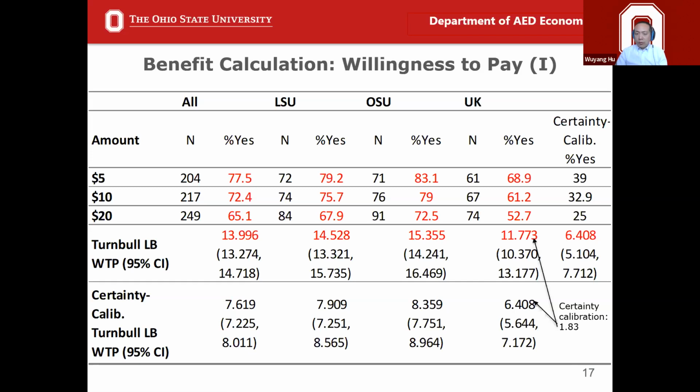We're doing this same kind of adjustment for the other two campuses. If you divide the $6-ish into the $11-ish, we call this a calibration factor. Essentially, if you naively treat all yes answers as the true yes answers, it's likely 1.8 times bigger than a more conservative measure of the yes answers.